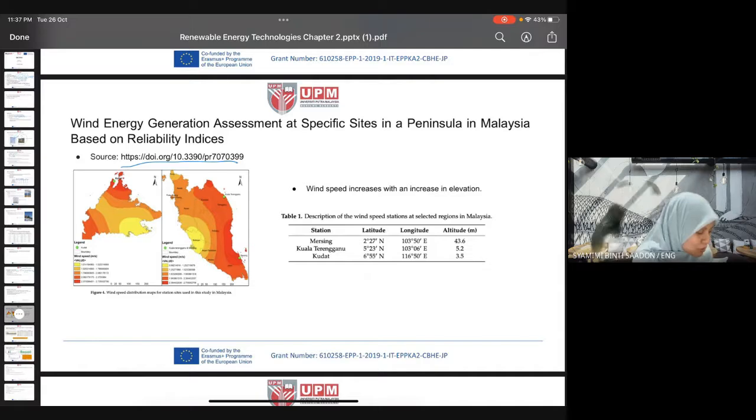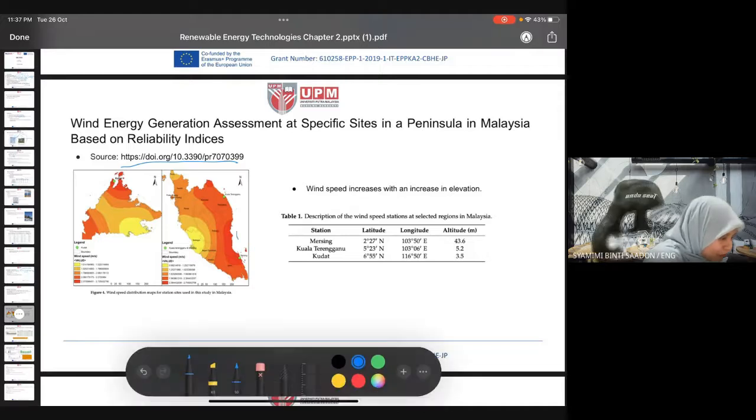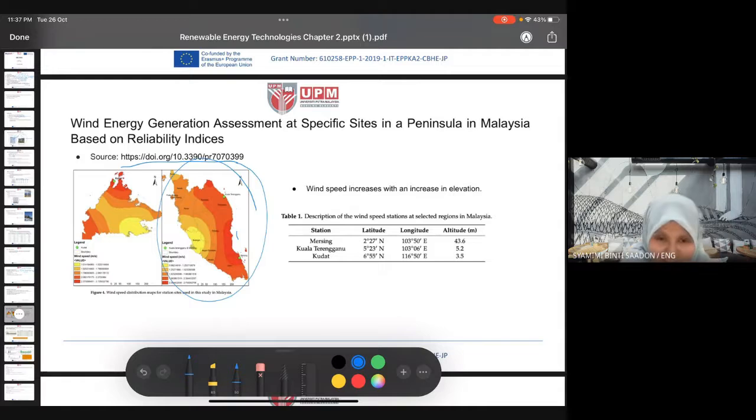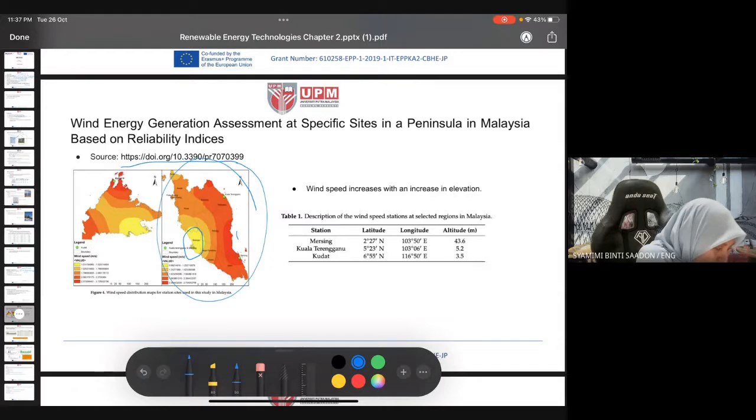If we look at Semenanjung Malaysia, Peninsular Malaysia, basically Selangor, Lembah Klang, Klang Valley, is yellow, which means it has the lowest wind speed in Peninsular Malaysia.